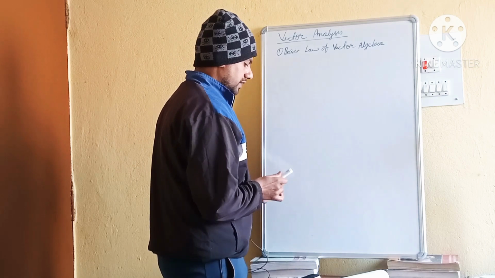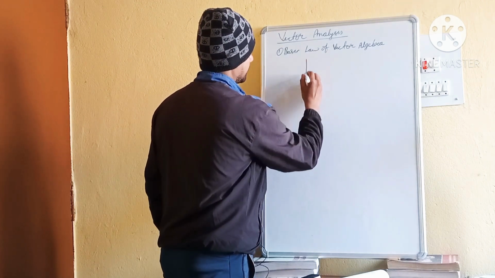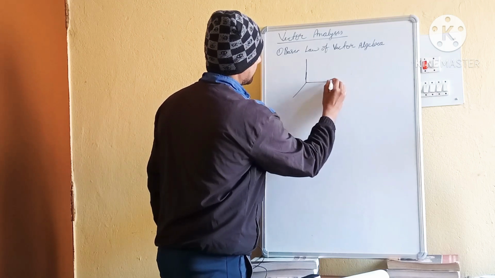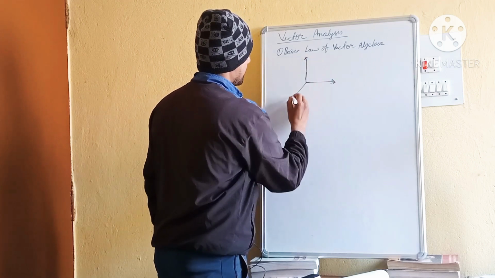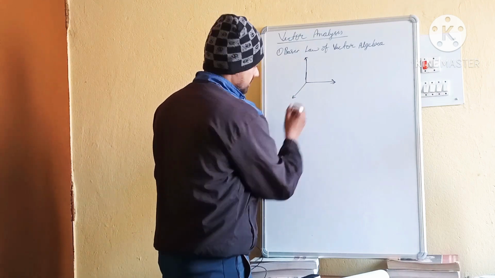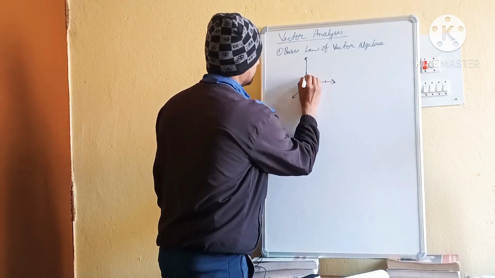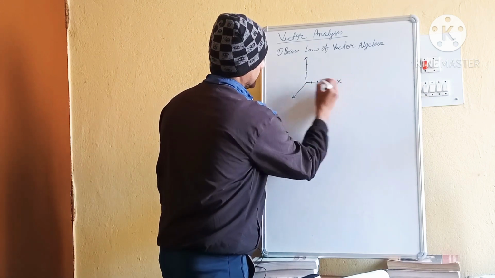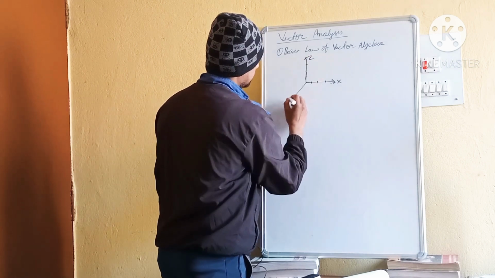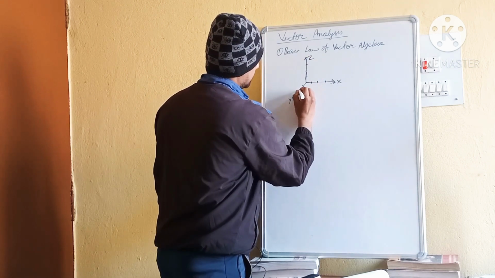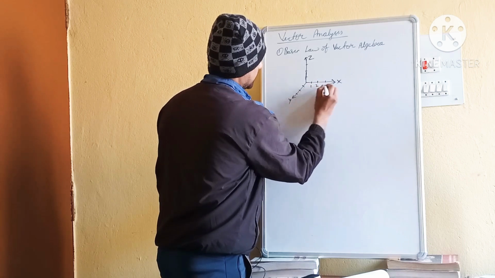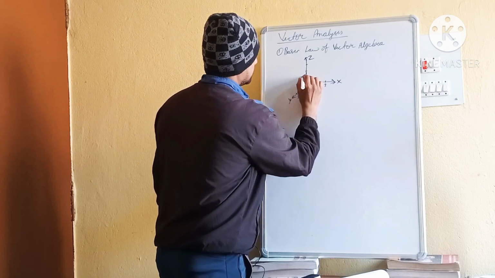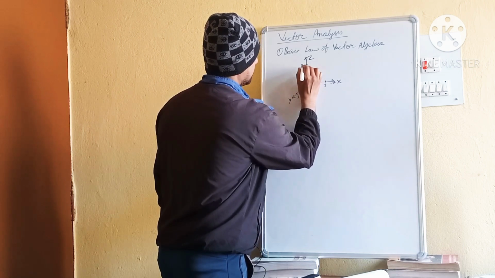Now here we have the coordinate system, with 1, 2, 3 marked along each axis, so here I am representing by using numbers.